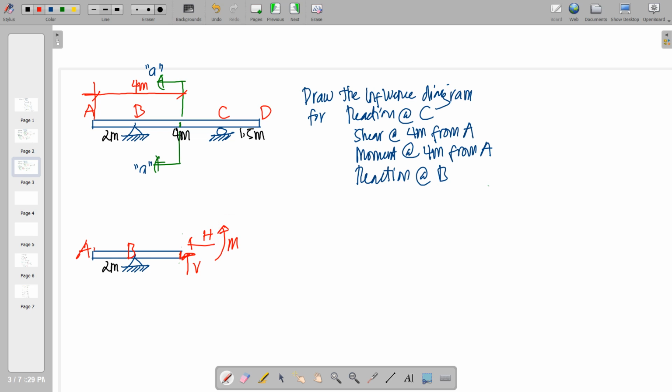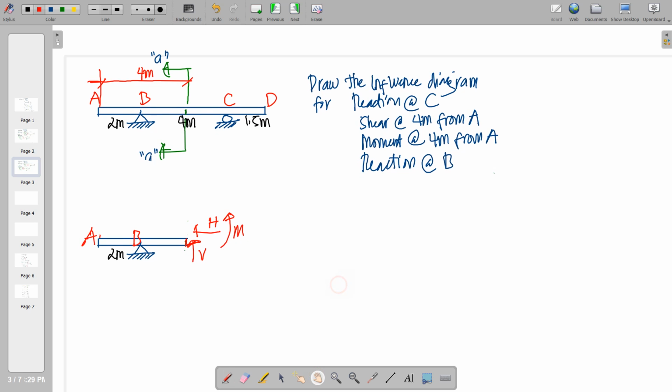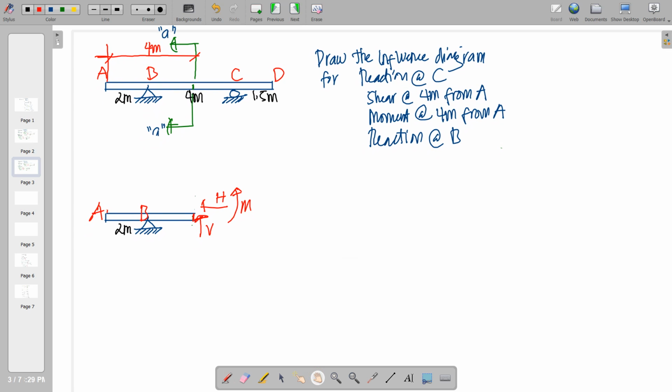Okay, so we are concerned with the shear 4 meters from A. So basically this is also 2 meters to comply with that location.